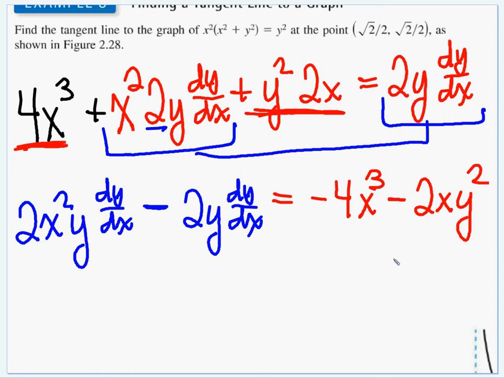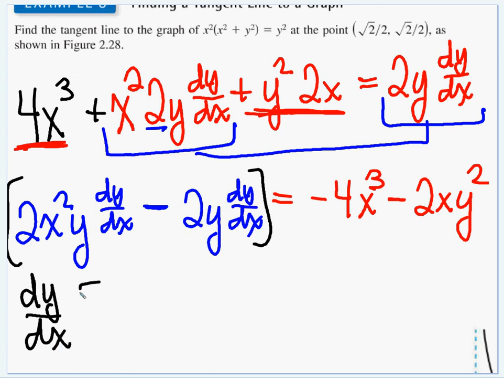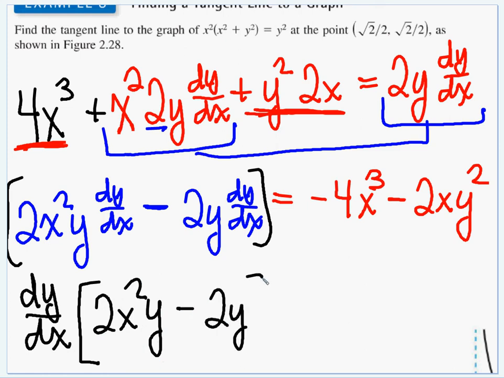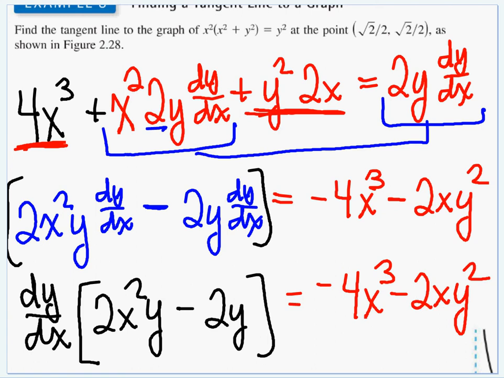Okay, so we've separated the dy dx terms and the non-dy dx terms. Over here on the left, we're going to bracket that off and factor it out. So we have dy dx times quantity 2x squared y minus 2y, close bracket. And that's equal to negative 4x cubed minus 2x y squared.